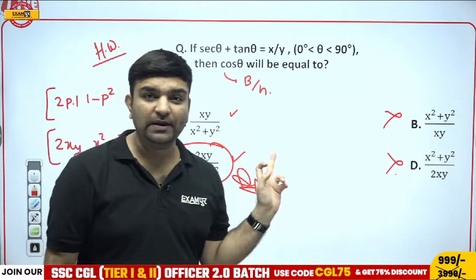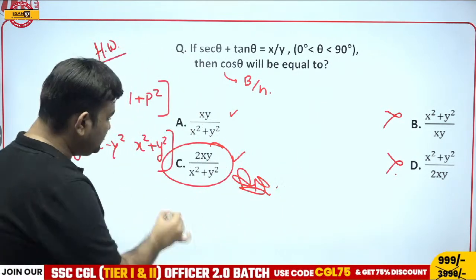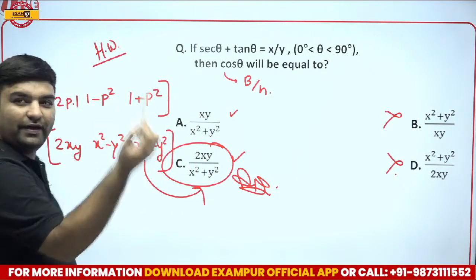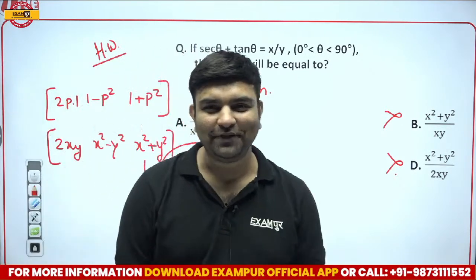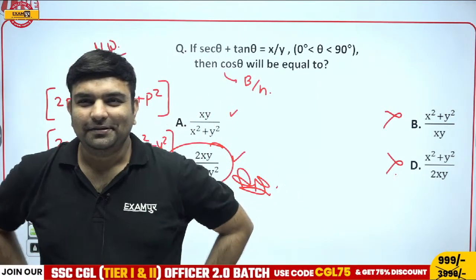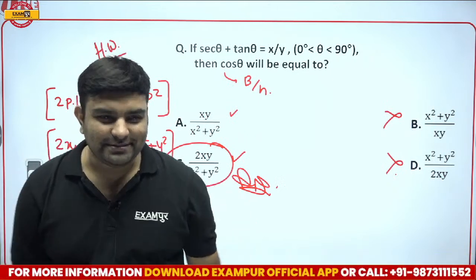So x square plus y square will act as the hypotenuse, and obviously the perpendicular would be 2xy only. Cross check it, guys.